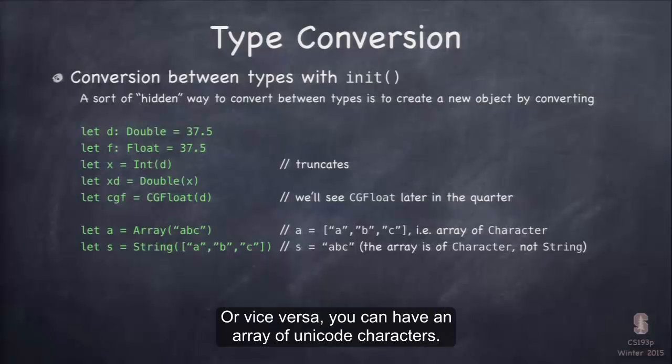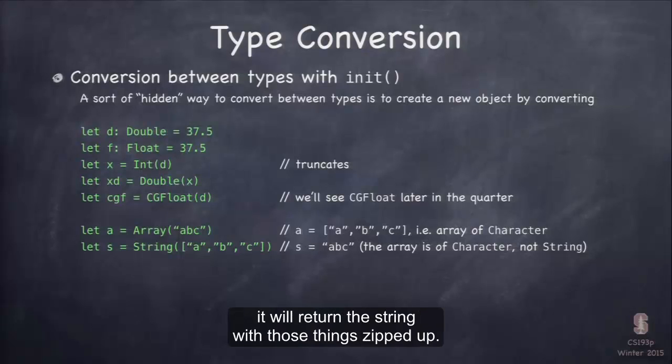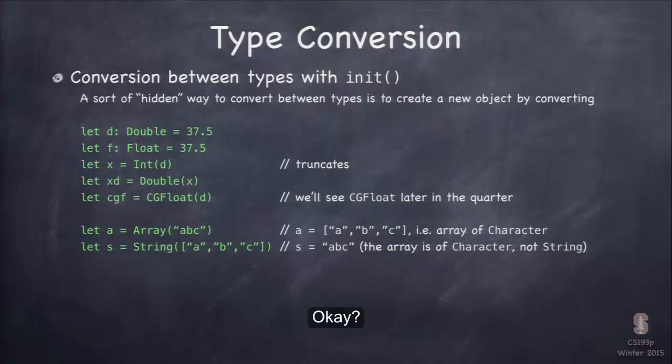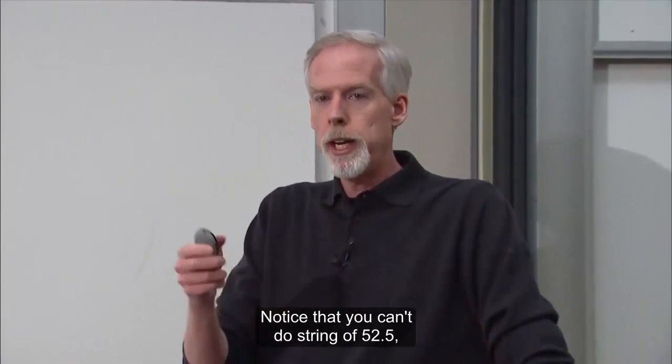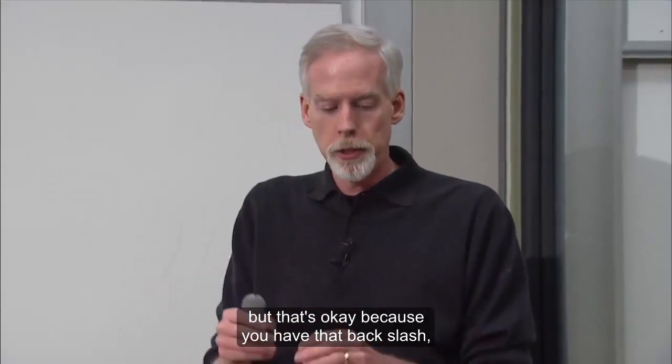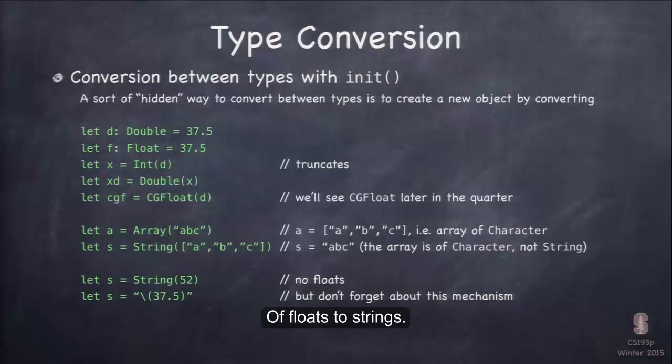Or vice versa, you can have an array of Unicode characters, and you pass that to string's constructor, and it'll return a string with those things zipped up. So there's kind of a hidden thing there. Notice that you can't do string of 52.5, but that's okay because you have that backslash open parentheses thing to convert floats to strings.